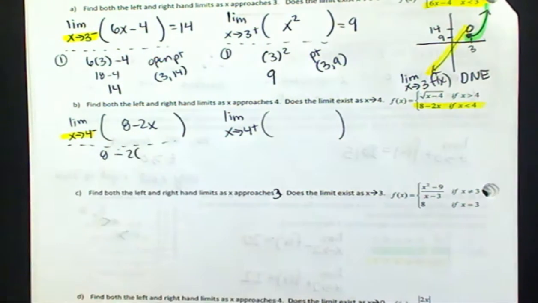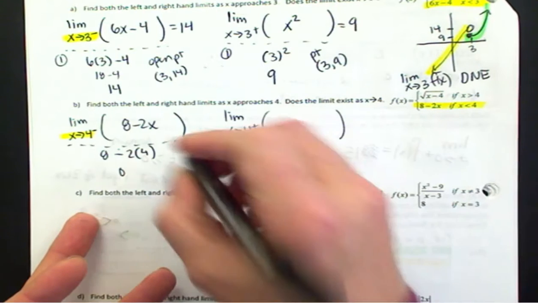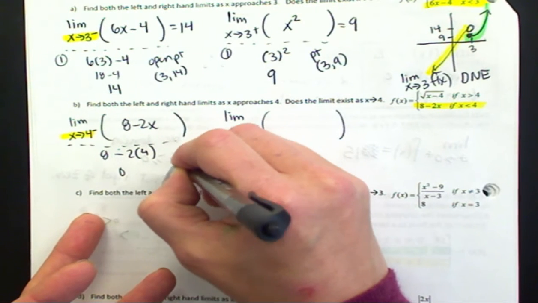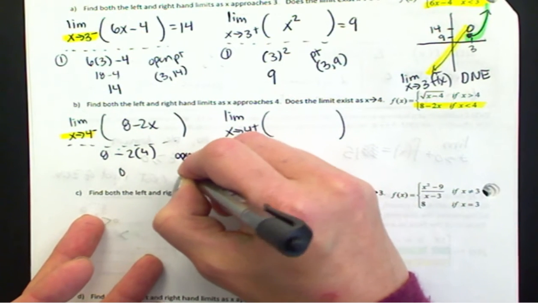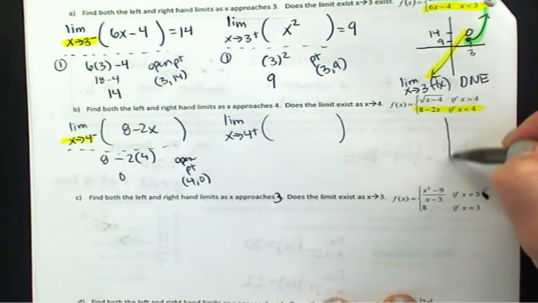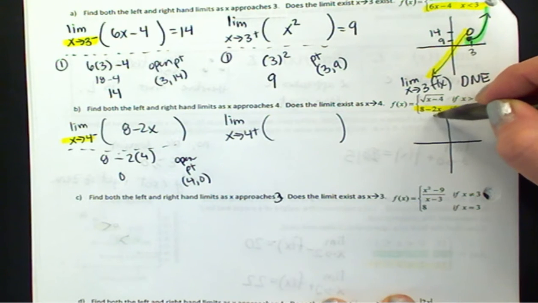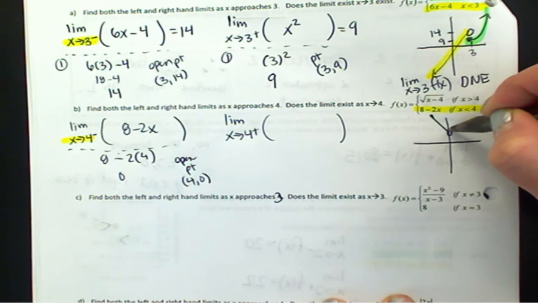It's not 3.9. I'm plugging in 4. That's how you find a point on the graph. This just happens to be an open point at 4, 0. Means as I trace the graph from the left side, I have a negative 2 slope like this.